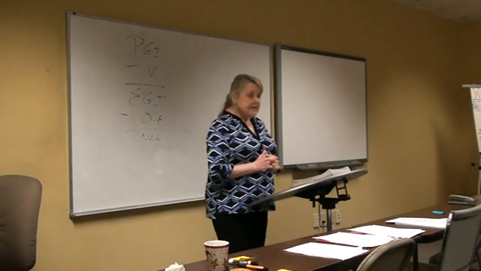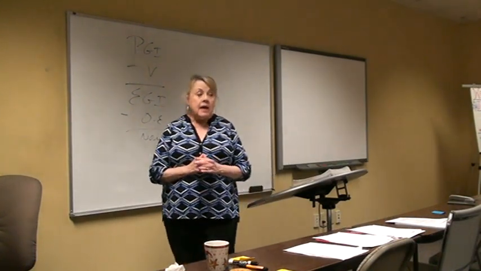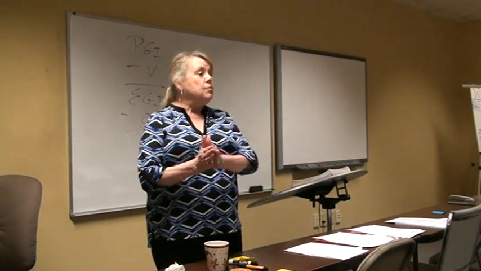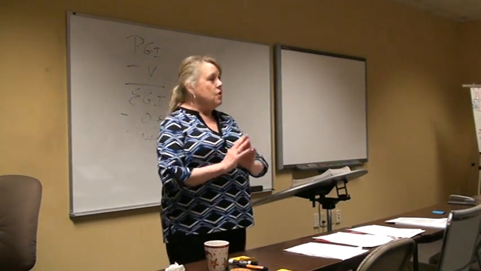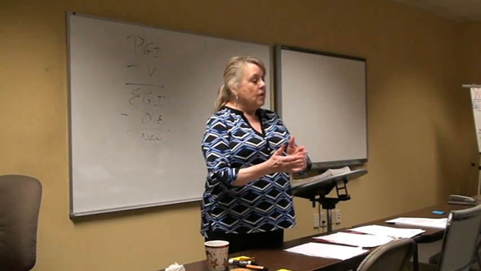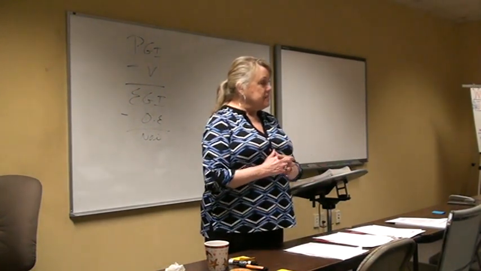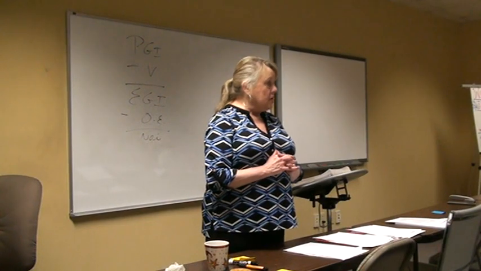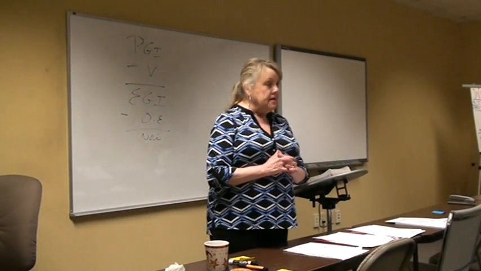There are other states that tax on the mill. A mill means for every $1,000. So if you're working in your calculator, per 100 would be moving your decimal 2 places to the left because you're dividing by 100.